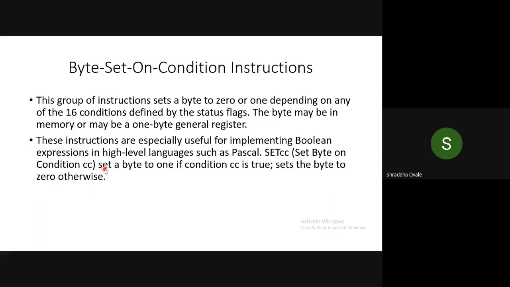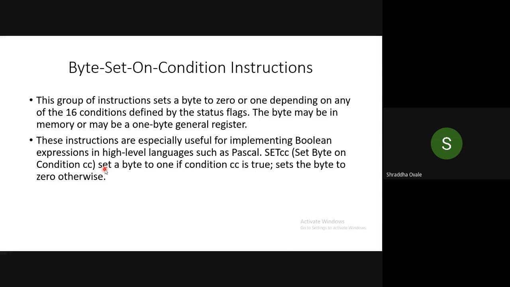Now we will see what the set byte on condition instruction is. The short form of this is SETcc. Now what is this SETcc? This group of instructions sets a byte to 0 or 1.